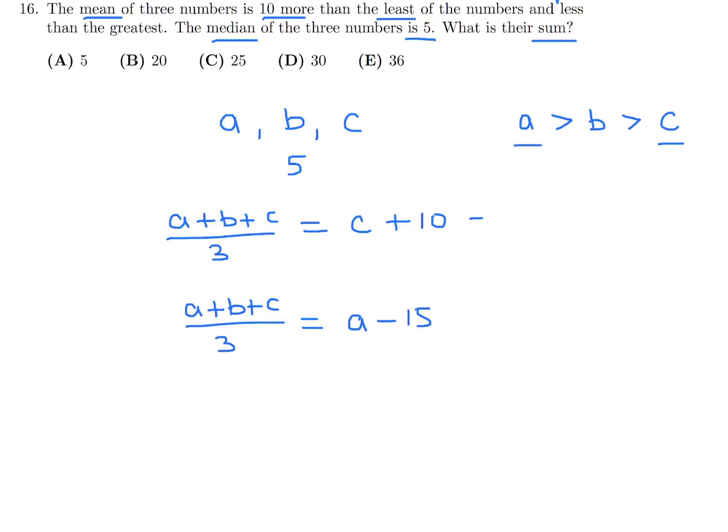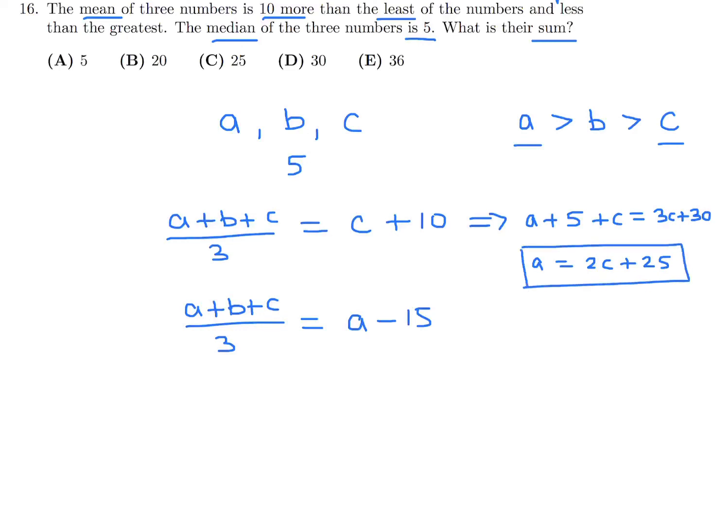Okay, let's work with this one first. A plus 5, right, because B is 5, plus C is equal to 3C plus 30. And therefore, A would be equal to 2C plus 25. That's our first equation.